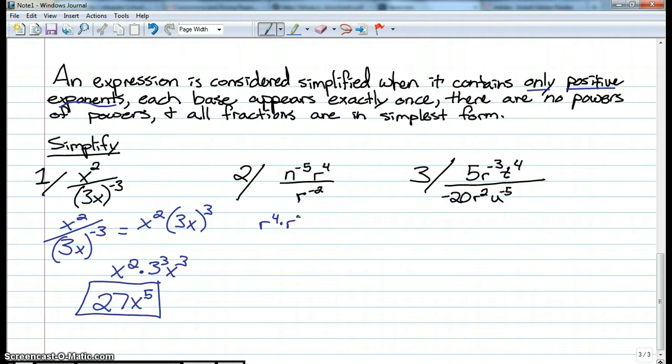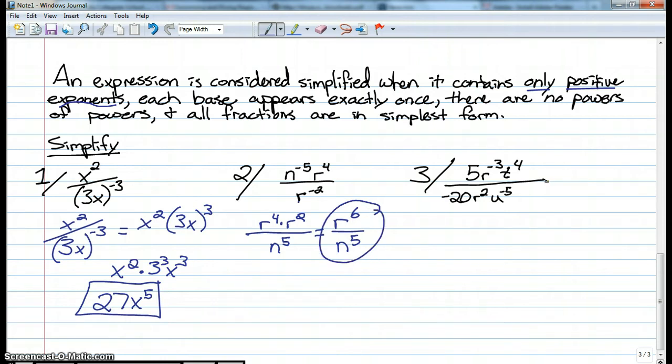We then would bring up r to the positive 2nd, it would change signs, and n to the 5th would go down to the denominator, my apologies, n to the 5th will go down to the denominator and make it a positive exponent. Then we can combine these terms up top, 4 factors of r, 2 factors of r, that's r to the 6th, all over n to the 5th. And that would be my final answer.